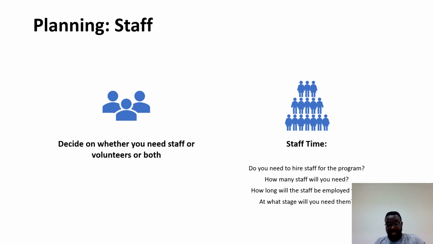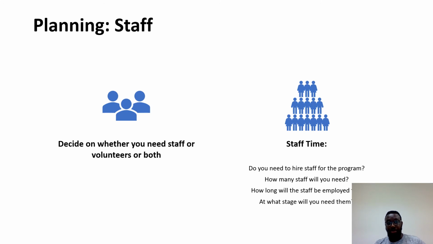It could be a different set of people that will plan the program, and then a different set of people to execute the program, or a different set of staff during the evaluation. So the kind of staff you will need will depend on the expertise that you need, and we will talk about that later. But it's important to get you thinking about who you need to plan your program.